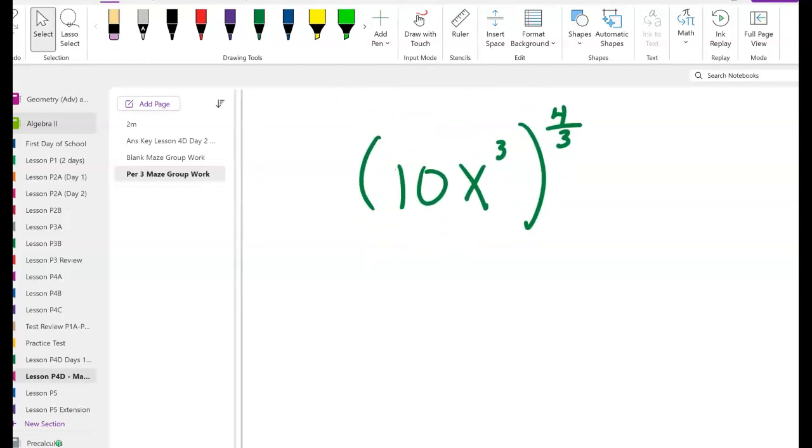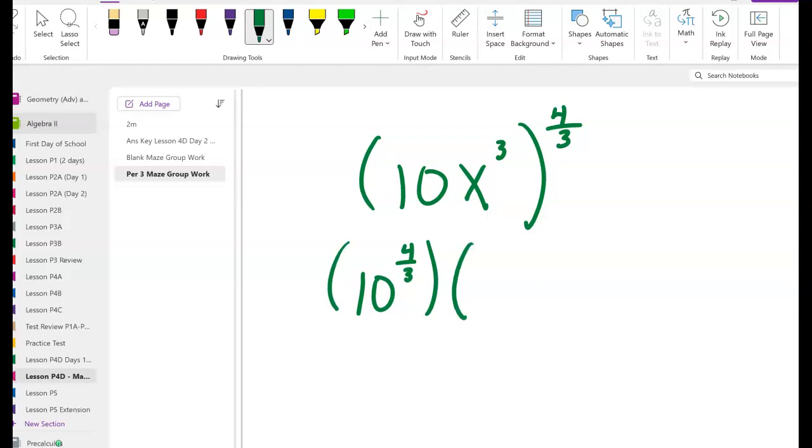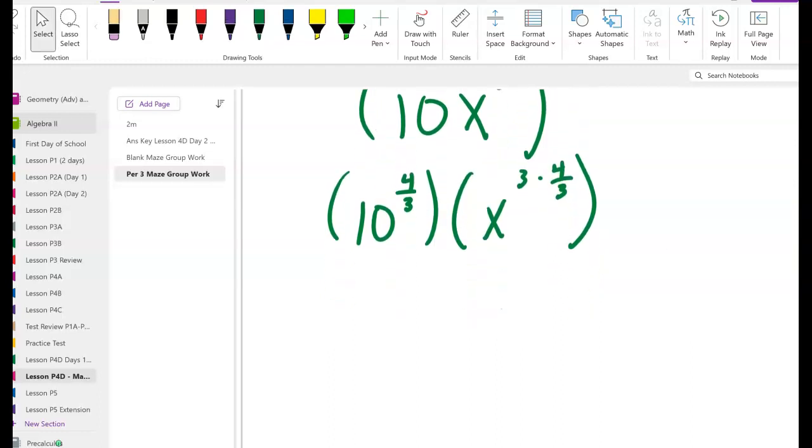Now, if we do this, are we going to do what we normally do? Are we going to use our power property? So we got here 10 to the what? 4/3 times x, if this is x cubed. Okay. So we got 10 to the 4/3 times x to the 12/3.